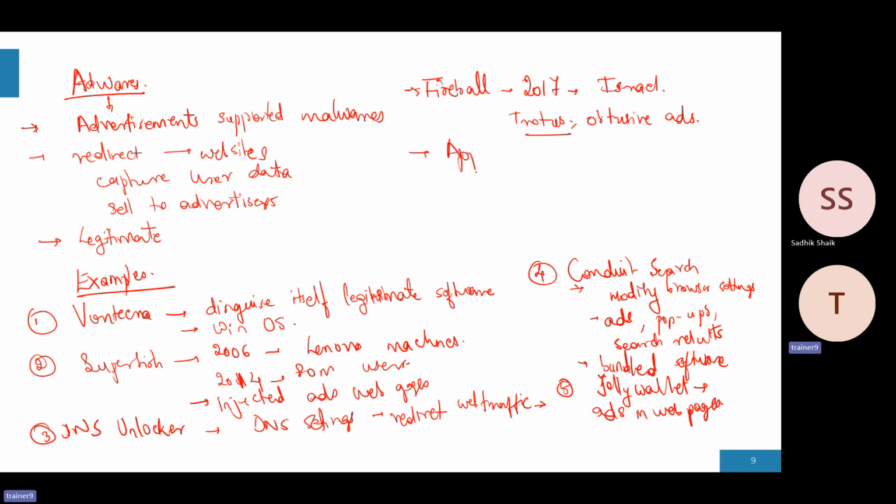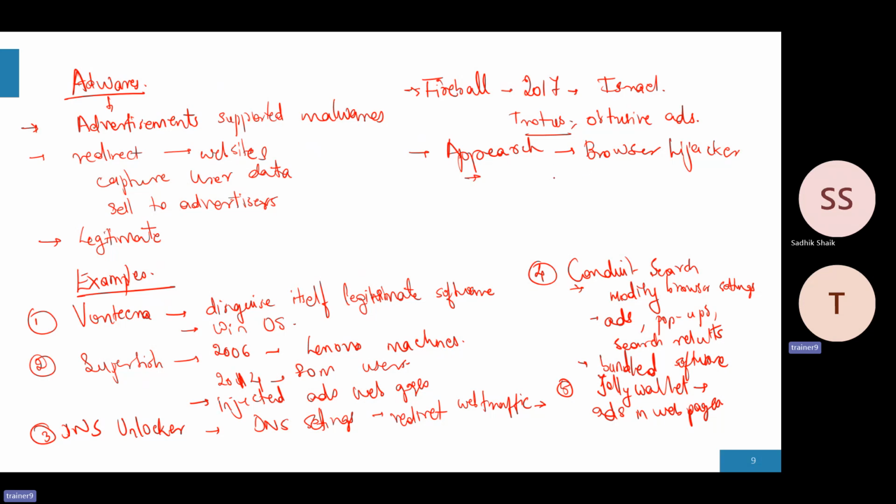Then there was another episode, which was Appsearch. So you can see that it became Appsearch, right? This was an adware program, also called a browser hijacker kind of program, where it was bundled with a free program, right?